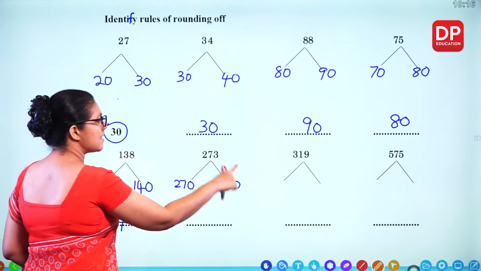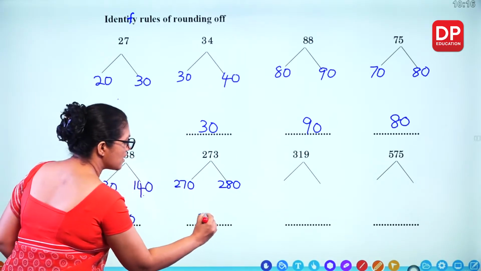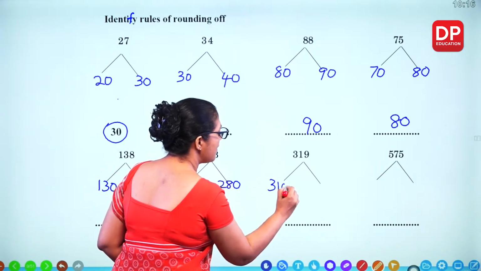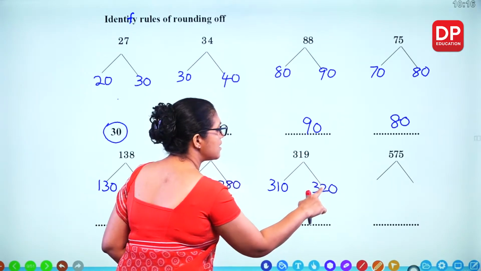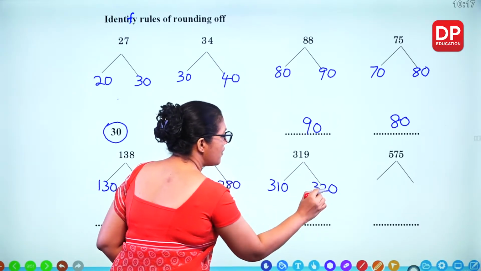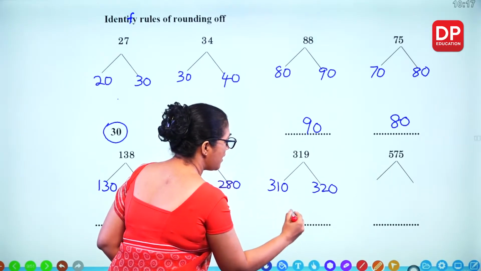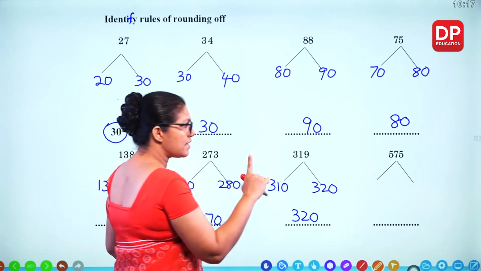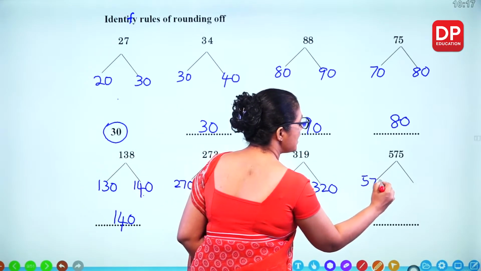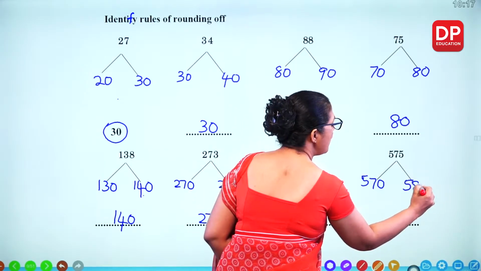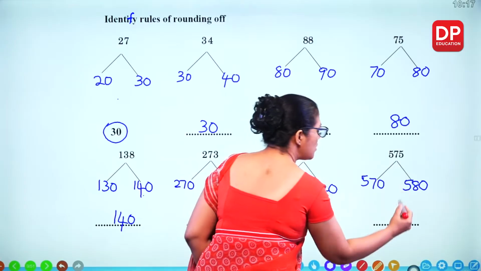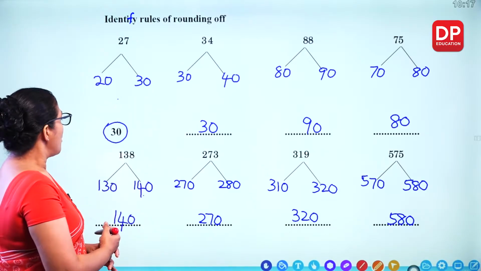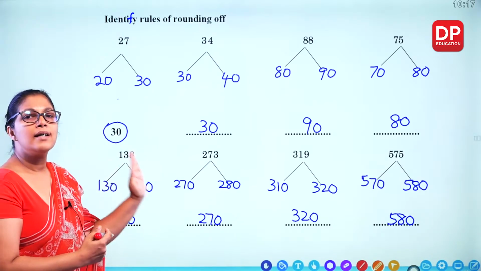So this is 3 units, here 7 units, so this is closer. 319 is in between 310 and 320. So this is very close to 320. So the answer is 320. 575, 570 and 580, midway. So when you get midway, you take the highest value. So when you are rounding, just take the closest value.